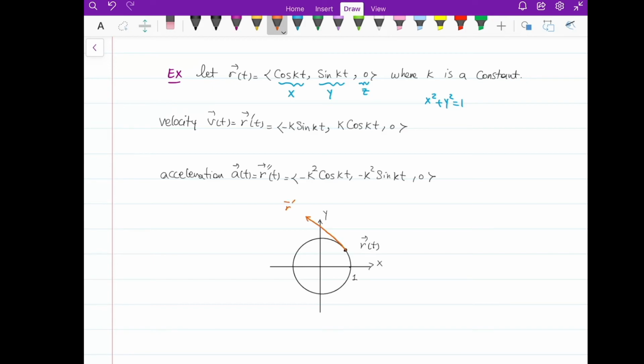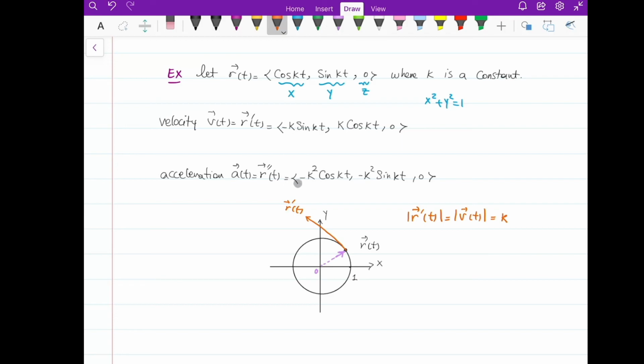So this would be r prime of t. From the origin at the time t, this is r of t, and r prime of t would be exactly like this vector. The length of r prime of t is this speed, and it's equal to the square root of the first component squared plus the second component squared, and I get k.